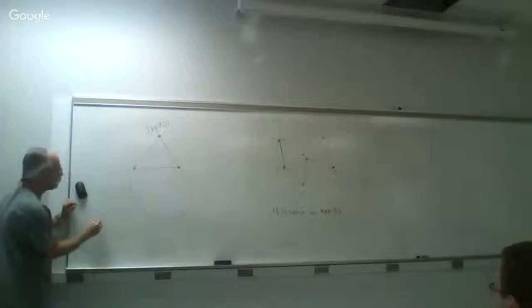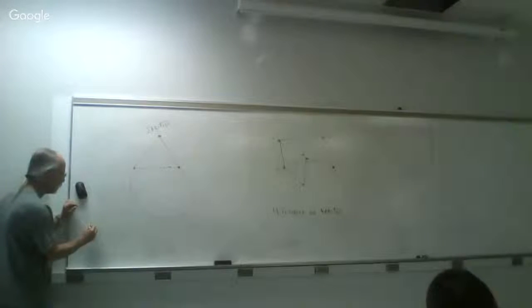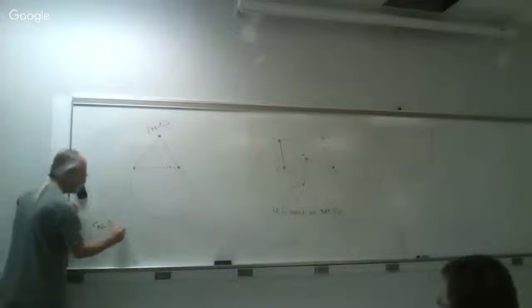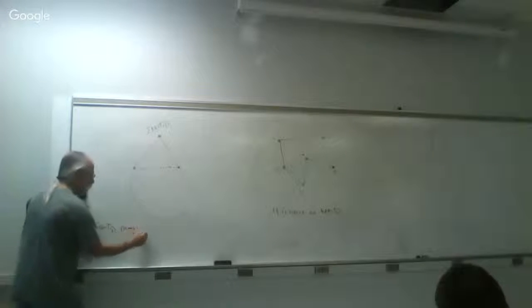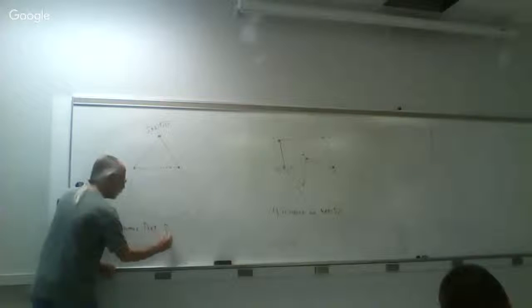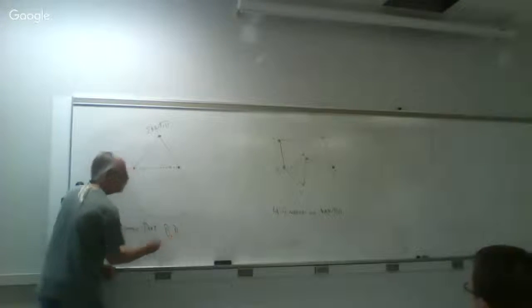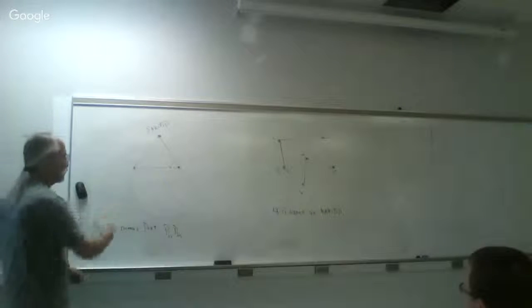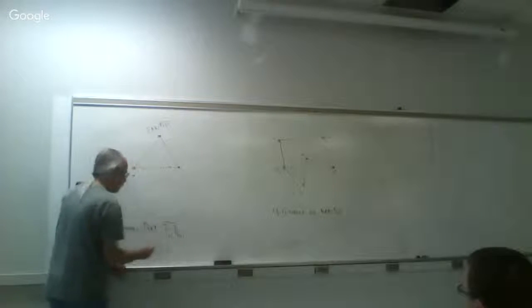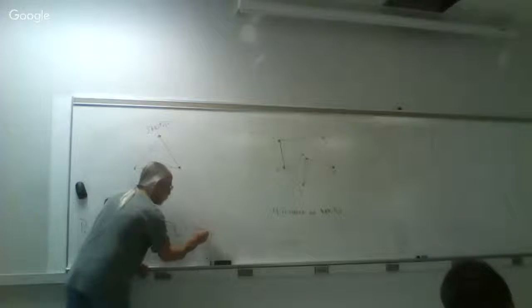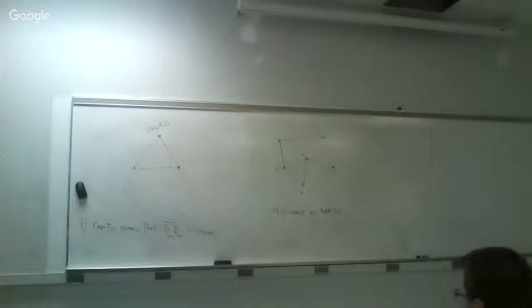So the thing that characterizes an ear tip, so let me say PI is an ear tip, means that the line segment that goes from PI minus 1 to PI plus 1, the modular arithmetic going around this, is a diagonal of the polygon.